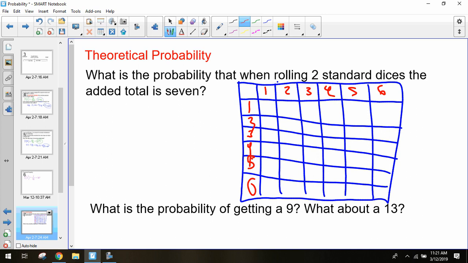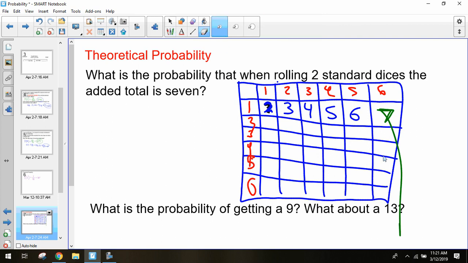If I roll 2 1s, I get a 2. If I roll a 2 and a 1, I get a 3. If I roll a 1 and a 3, I get a 4, 5, a 6, and 7. Great.